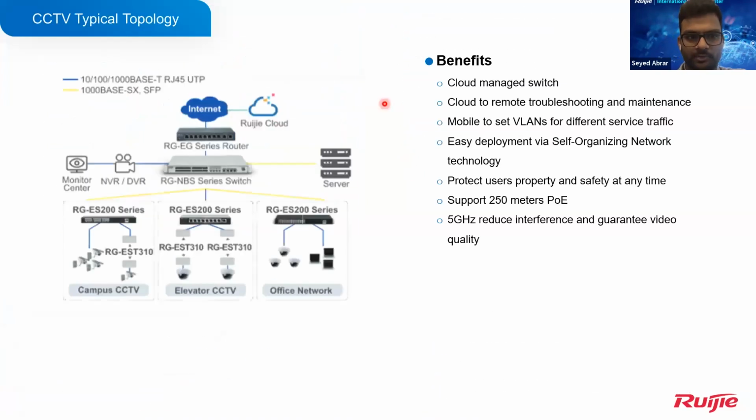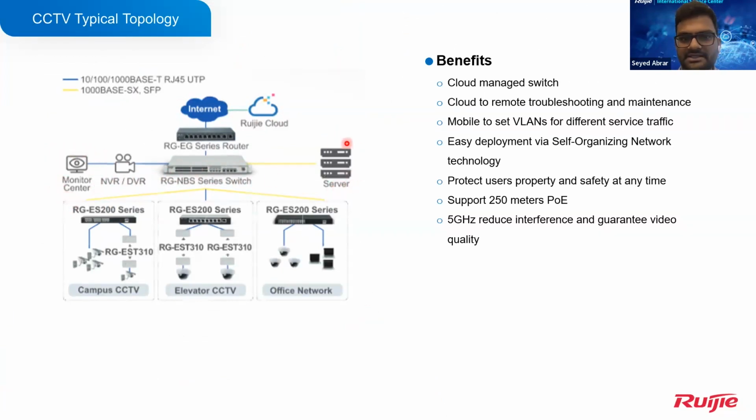So this is our typical topology. If you see our typical topology here, we have RSE Reyee routers, ES series routers, EG routers, and then we have NVS as a PoE switch. As I said, we have many CCTV components: the NVRs or DVRs, and the monitoring center where physical security can monitor your CCTV videos in a room.